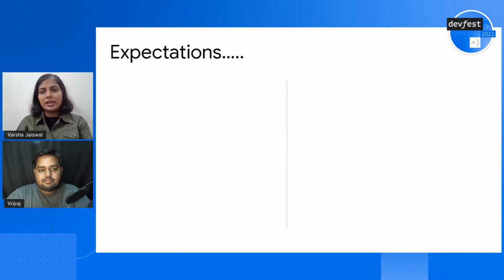Let's say if you are opening facebook.com, your expectations will be that there will be a news feed, there will be a section for friends where you can chat, or where you can post, and all those things, right? The user's expectation is that these are the predictable content which will be there on a website.